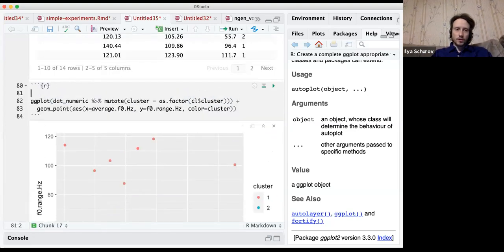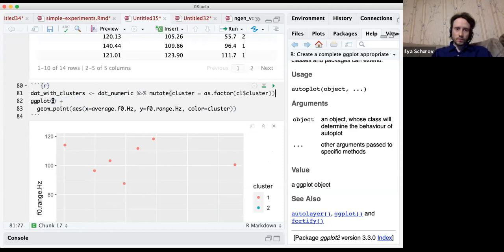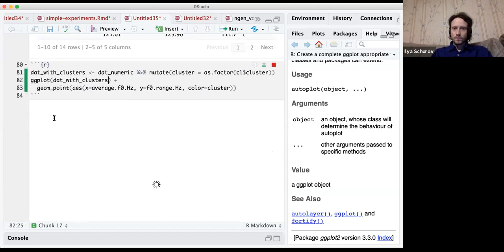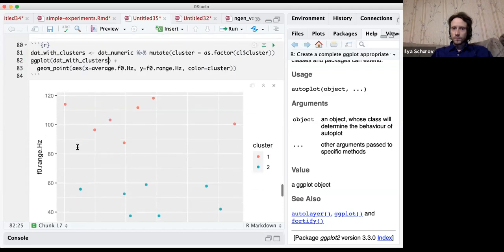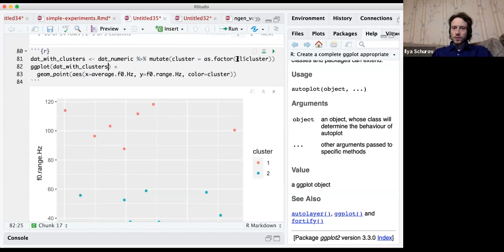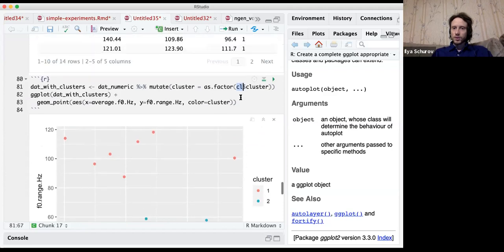It'd probably be better if I split it into two parts. Probably I have to do it in this way. But here I used just cluster, because I used a k-means object, k-means clustering, and it contains this information.